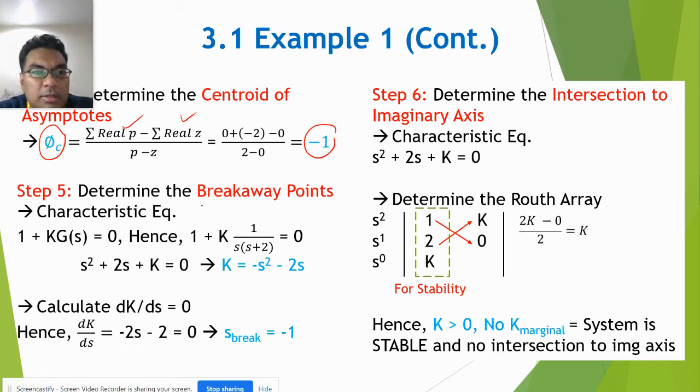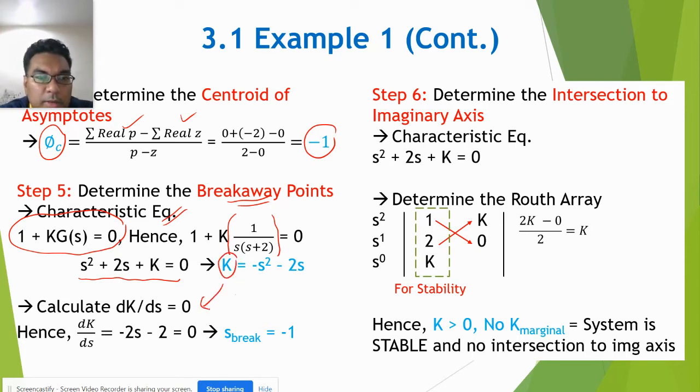And the next step is to determine the breakaway points, the s break here. Of course, you go back to the characteristic equation. You still remember this characteristic equation at the denominator. Hence we have 1 plus k, including the transfer function of the system, 1 divided by s plus 2, equal to 0. You do a solution here and get this complete form, and as explained before, you must show it in terms of k, because we want to differentiate it.